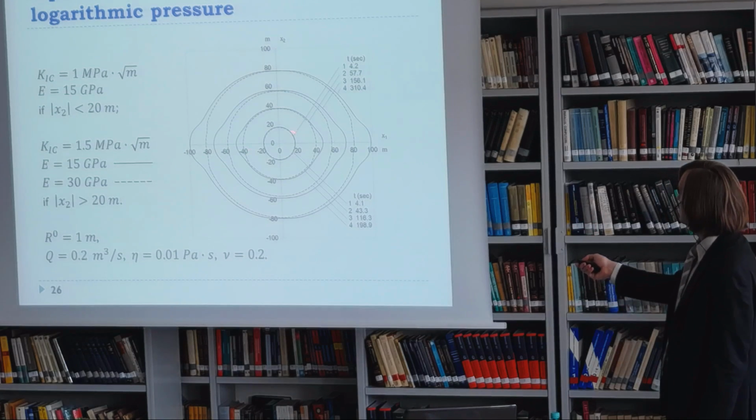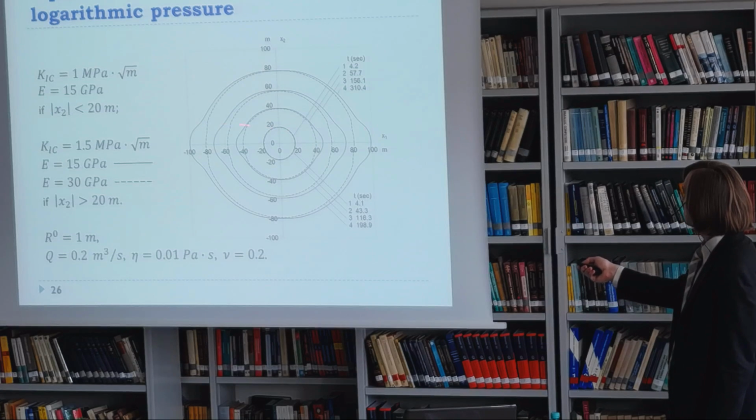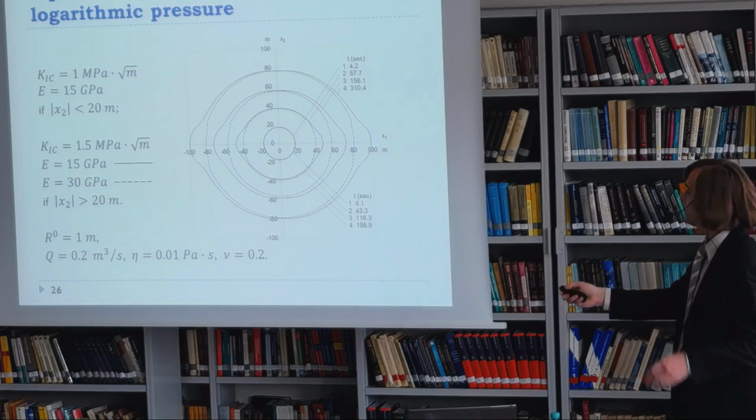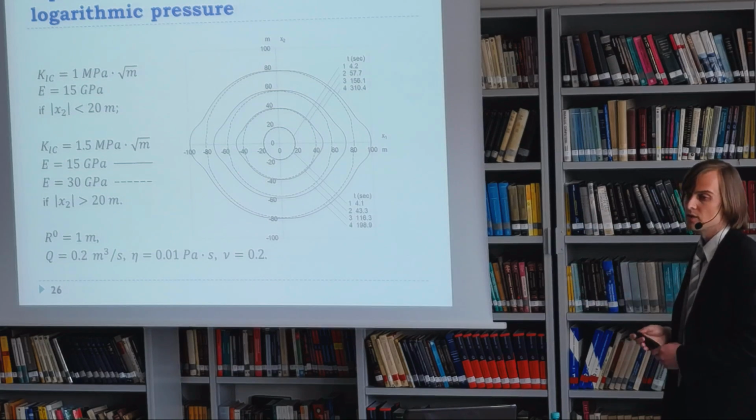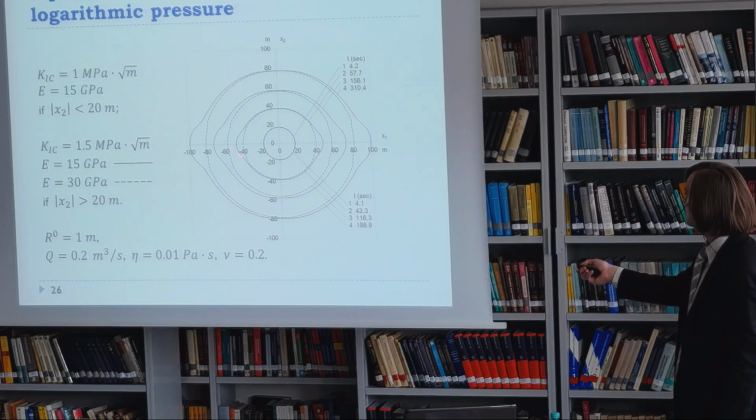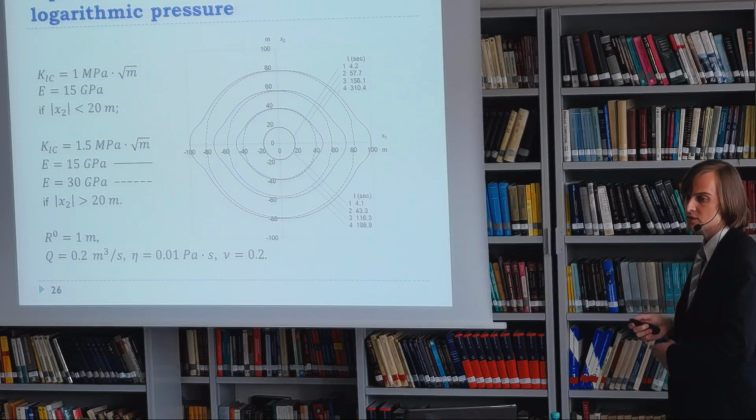So we have an example of fracture growth between two hard layers, and the medium layer is a soft one, but it has shown a very similar behavior in this modeling.